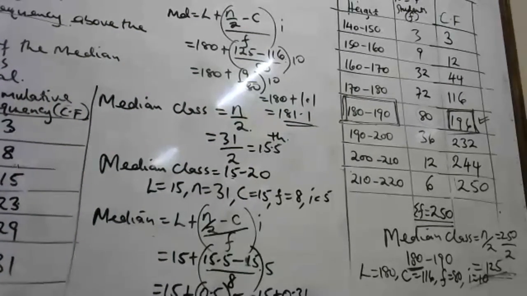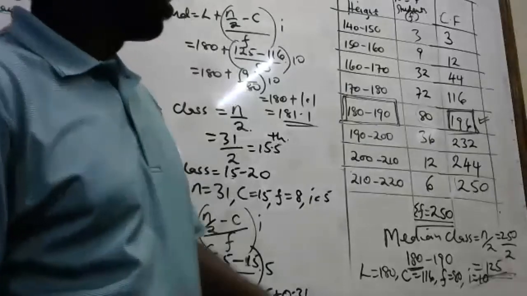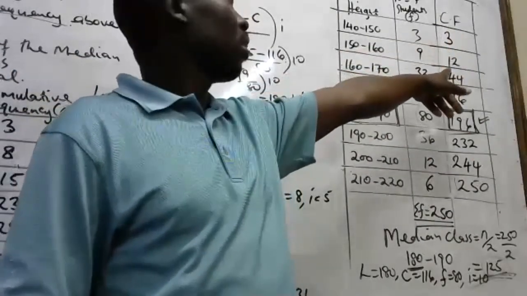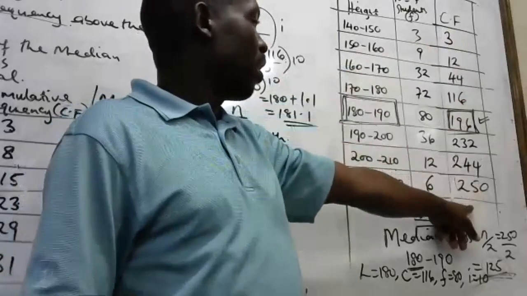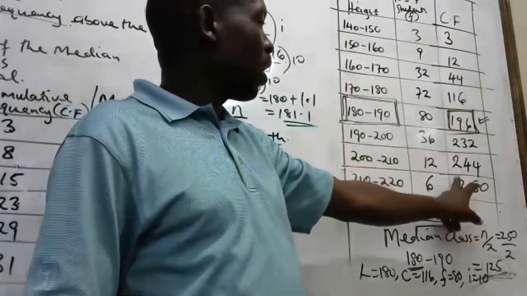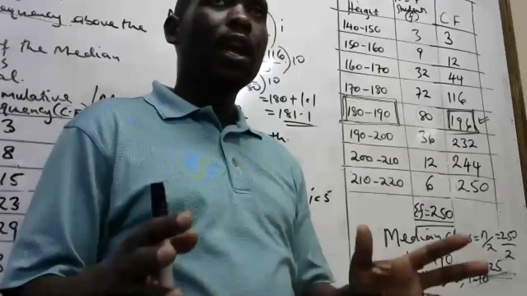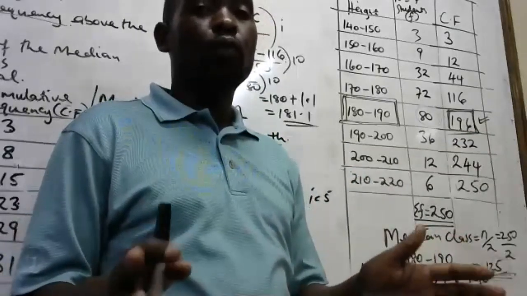So that is how we do it for the median. For the median, you cannot get it without cumulative frequency. Get the total frequency, divided by 2, so that you can know the class in which the median is going to fall.